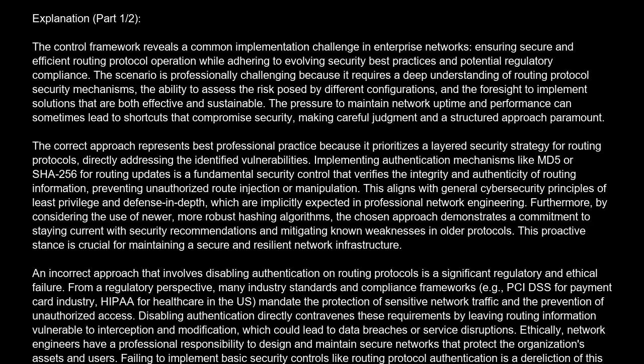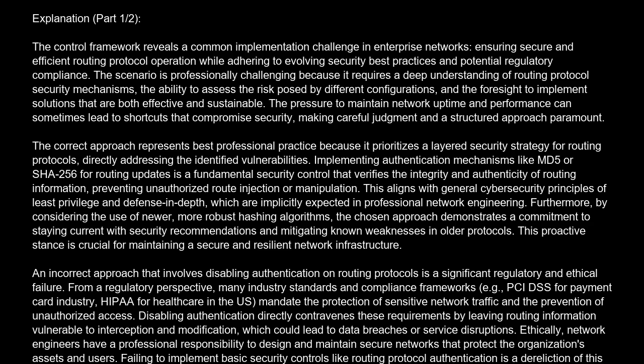Disabling authentication directly contravenes these requirements by leaving routing information vulnerable to interception and modification, which could lead to data breaches or service disruptions. Ethically, network engineers have a professional responsibility to design and maintain secure networks that protect the organization's assets and users. Failing to implement basic security controls like routing protocol authentication is a dereliction of this duty, potentially exposing the organization to severe financial and reputational damage.